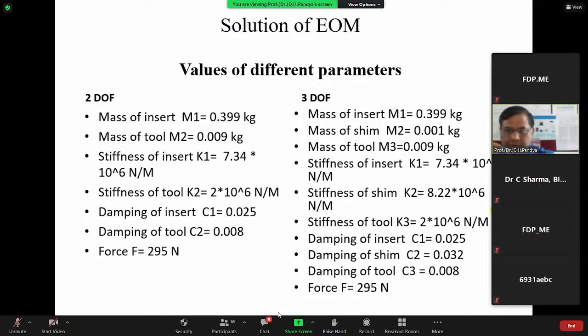From that reference, we have taken the force of 295 Newton in the turning operation. Right? We have a range, but for this simulation, we go with this force. As we change the parameters, the value of force is also going to change in that equation. All that part I'm not discussing. That modeling is very clear to everyone. A variation of force, right?